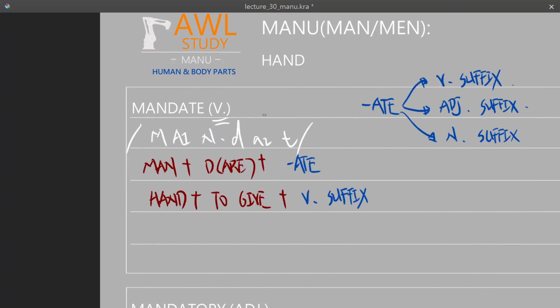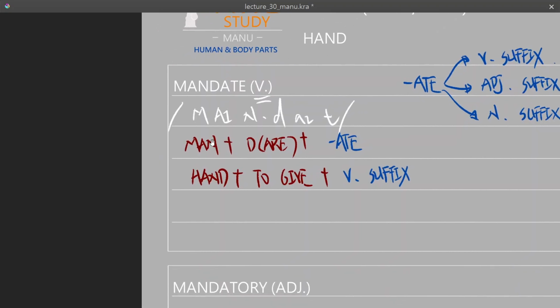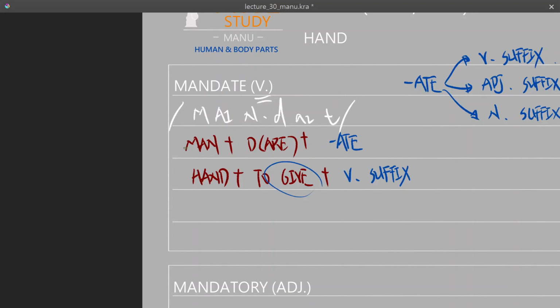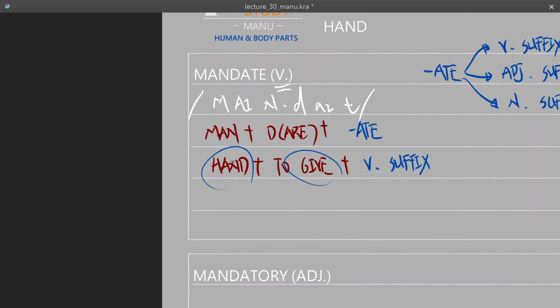Alright, so mandate as a verb means what? It means to give. To give what?